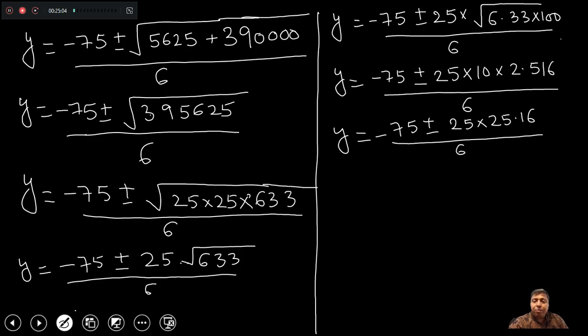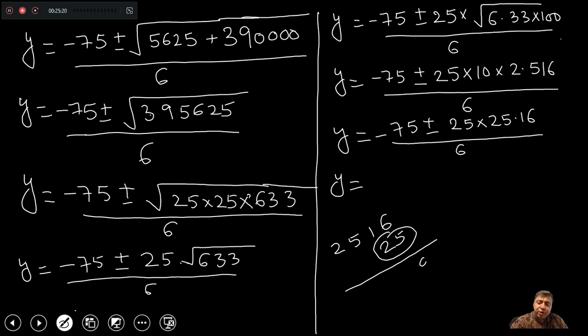We can multiply 25 and 25.16. Let me show it to you how I would multiply. I will do that because I know the table of 25. I'm going to select both these numbers. 25 times 6 is 150. I write 0, carry 15. 25 times 1 is 25, plus 15 is 40.